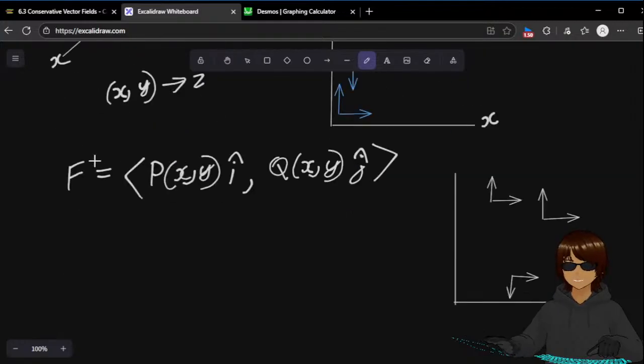A vector field is called conservative if there's a function that can be represented as its gradient.